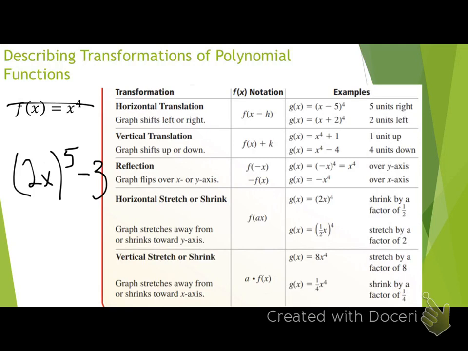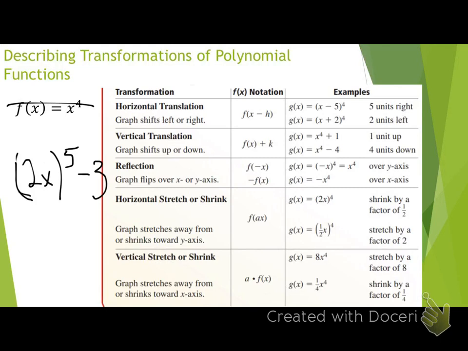No. If that was the case, it would have looked like negative 2x. So, do I have a negative inside or outside the parentheses? I do not. So I do not have a reflection over the x-axis or the y-axis.